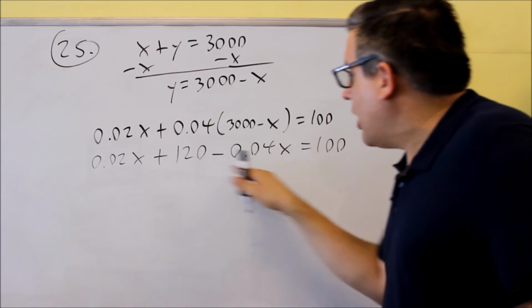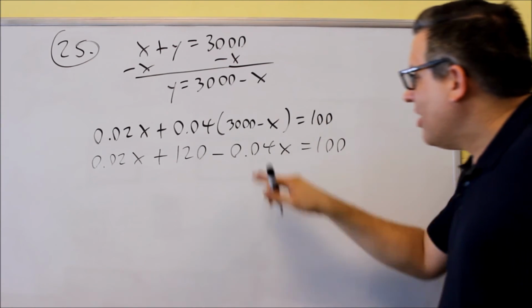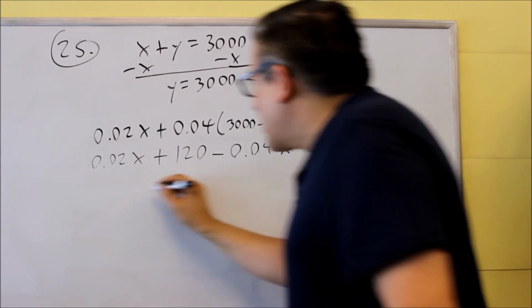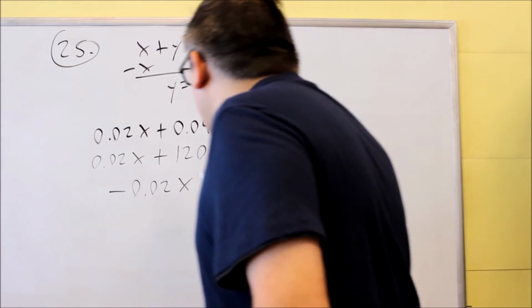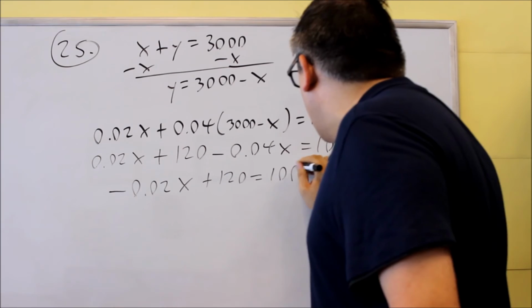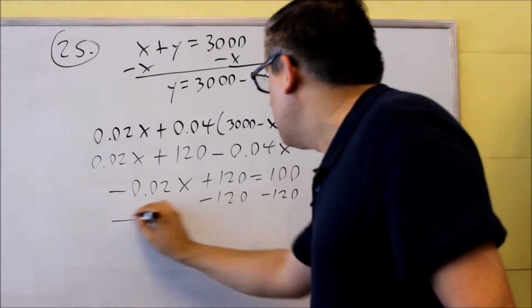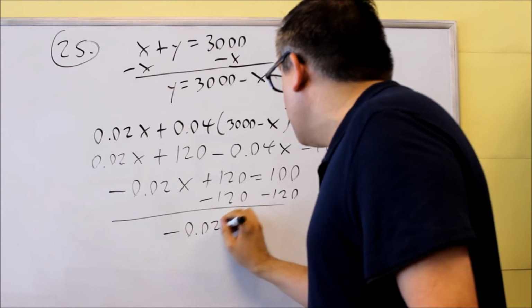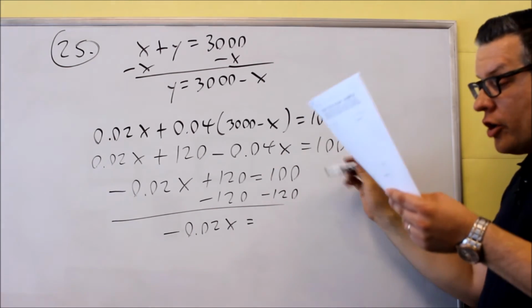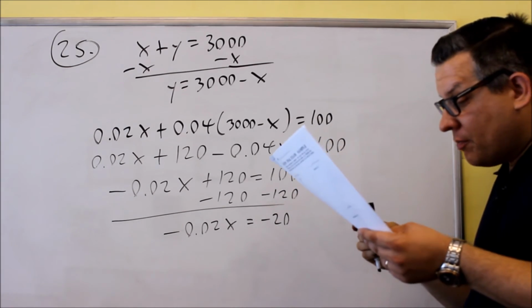Be really careful when you combine these decimals. 0.02 minus 0.04 is negative 0.02x. Plus 120 equals 100. Now we subtract 120 from both sides. We get negative 0.02x equals 100 minus 120, so be careful, that's negative 20.